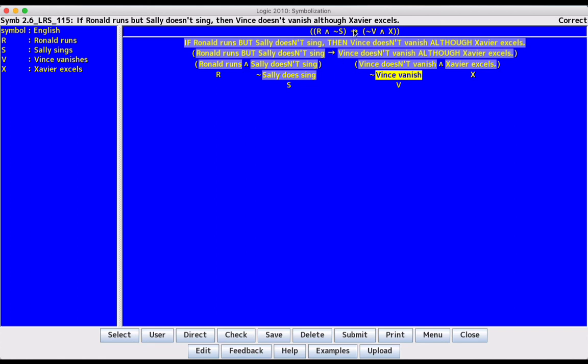So what we have is a conditional, if this, then that. This is a conjunction of R with not S, and this is a conjunction of not V with X. And once we realize that if then is the main connective, it's pretty straightforward.